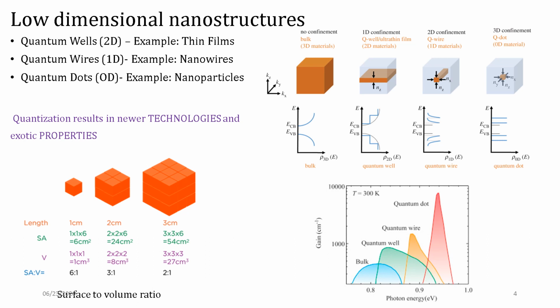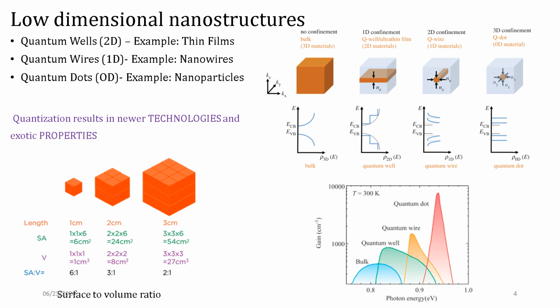If you look at bulk, which is of this size, the profile of your density of states is different compared to when you have a very small nanoparticle, or a thin film, or a one-dimensional wire.